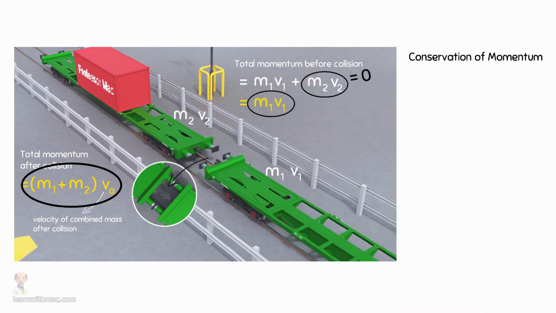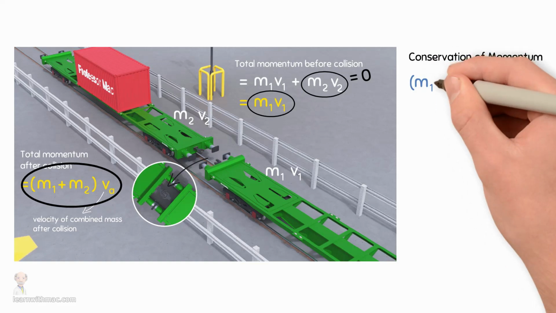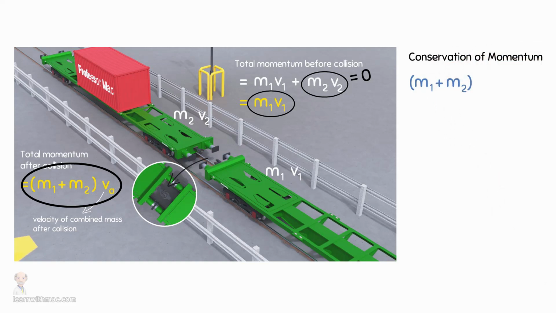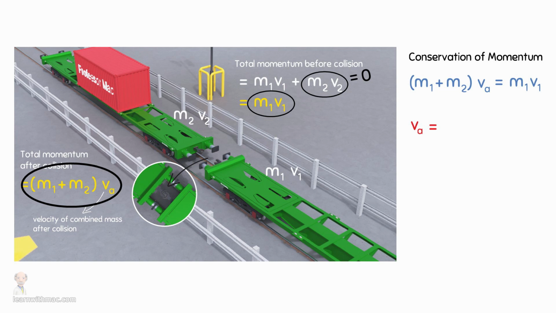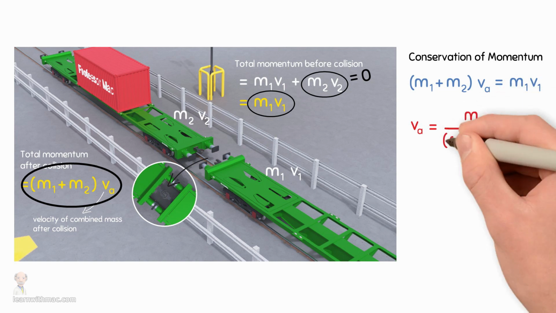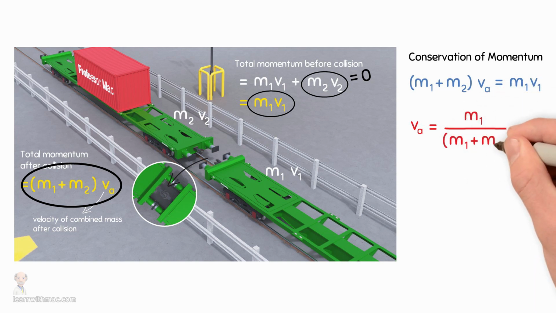So we can write this as m1 plus m2 times VA equals m1 v1. We can then rearrange this to give VA equals m1 divided by m1 plus m2 times v1.